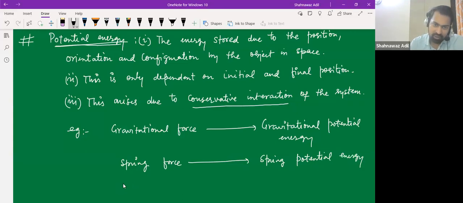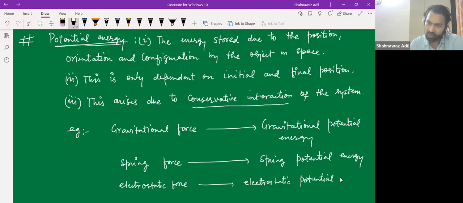And due to electrostatic force, you have electrostatic potential energy. Right, so these are the examples of those potential energy, and they are only defined by these conservative forces.